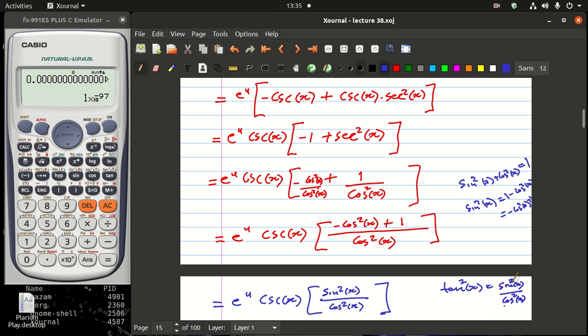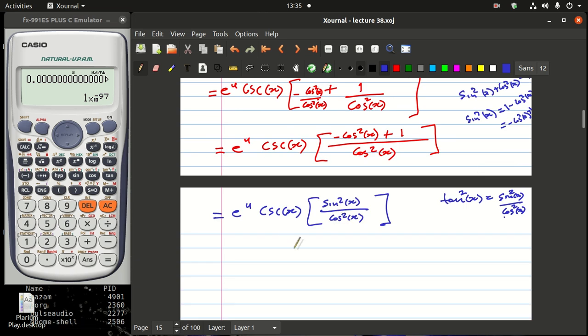So this is just sine squared. So if you look carefully into this part here, we are having e raised to u times cosec of x, and this whole thing is just going to be tan squared of x. You can still proceed here because this is 1 over sine, and cancel one of the sine, and then you are left. But I would say stop here.